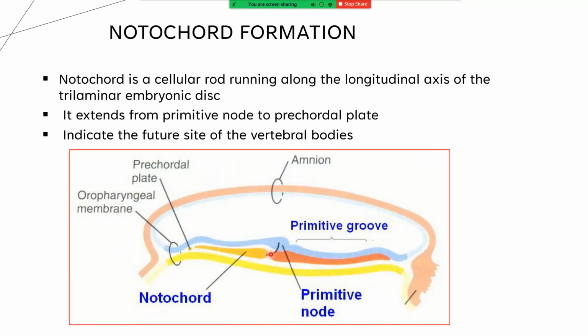It extends from the primitive node to the precordial plate. Where is the precordial plate located? It is near the oropharyngeal membrane at the cranial end of the bilaminar germ disc. This indicates the future site for the vertebral bodies.